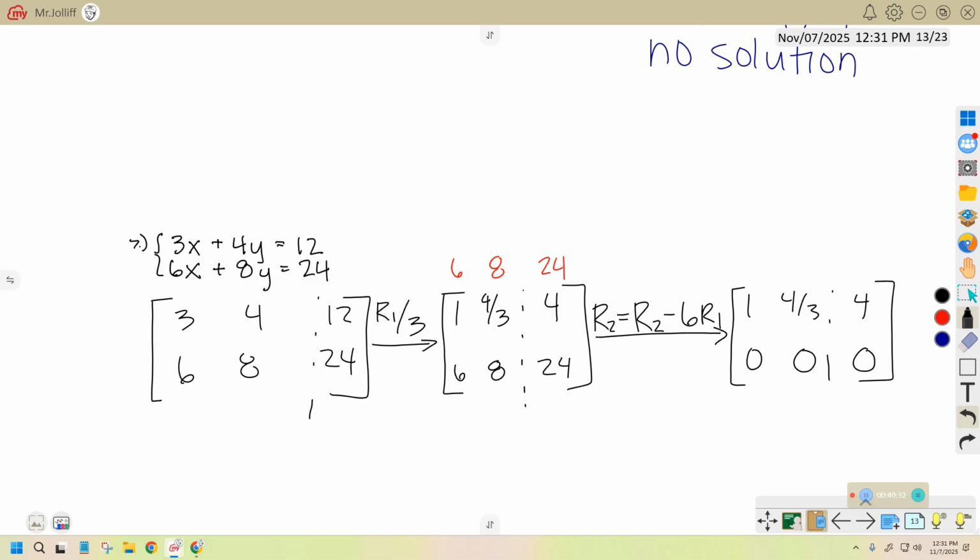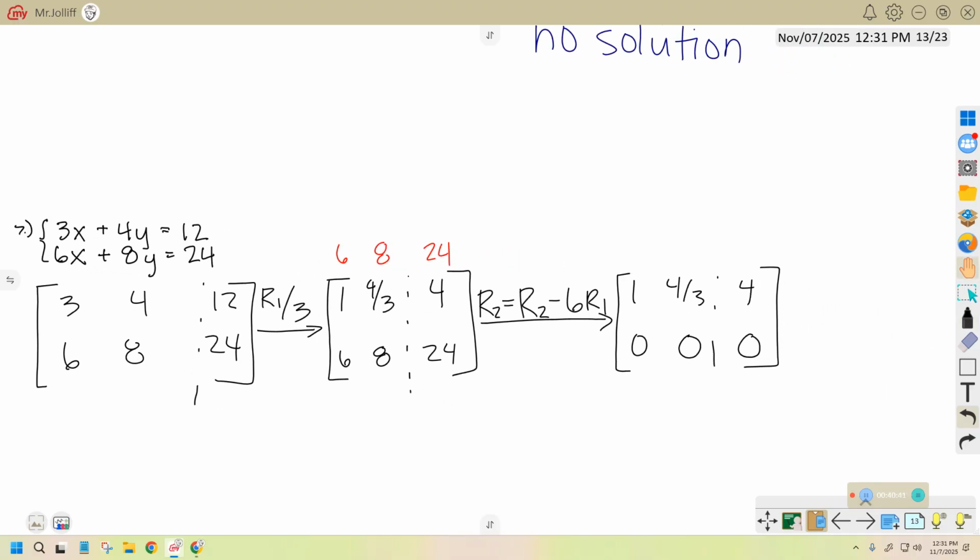That bottom row doesn't have any variables, but is it a true statement? Yes. If you get to a stage where you only have one row, what that's telling me is that both equations are the same equation. Both of these equations represent the same line on the graph.